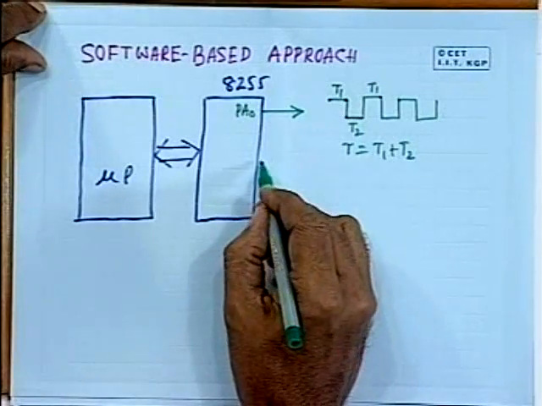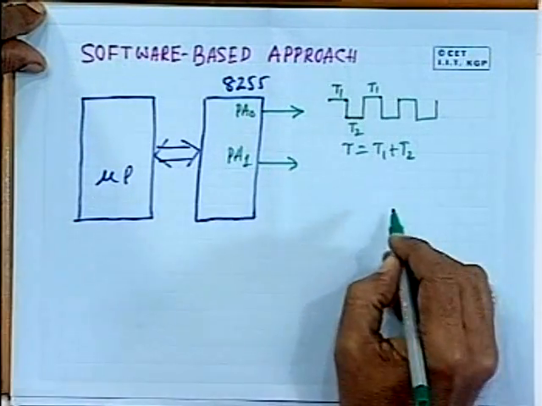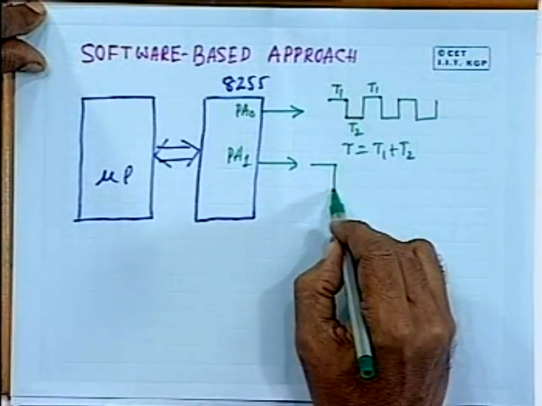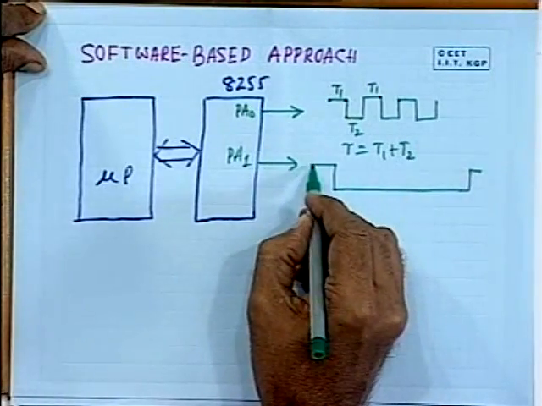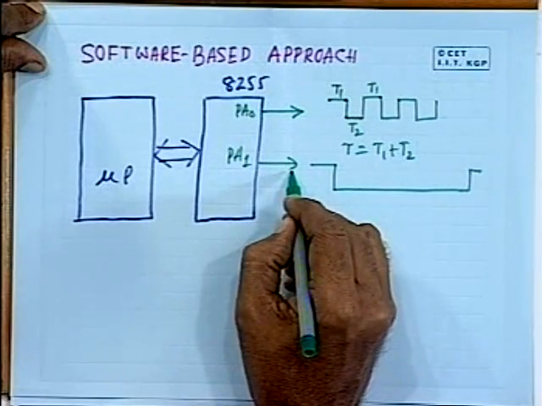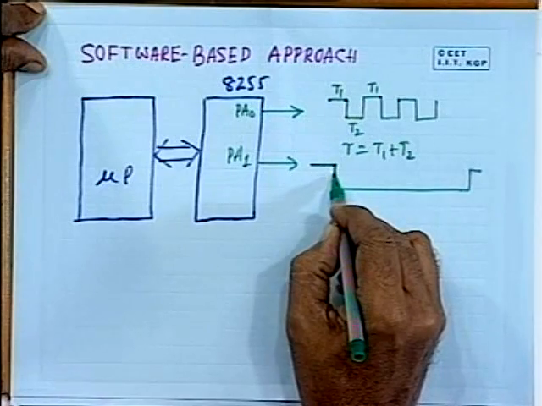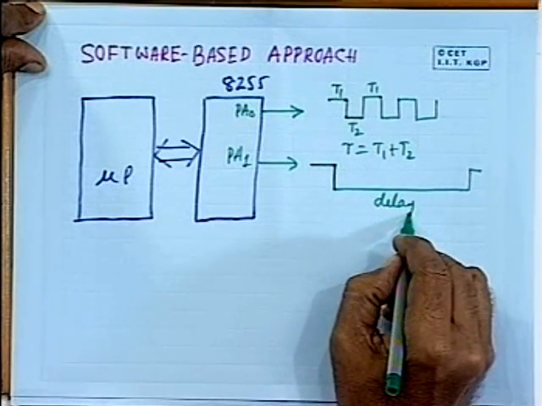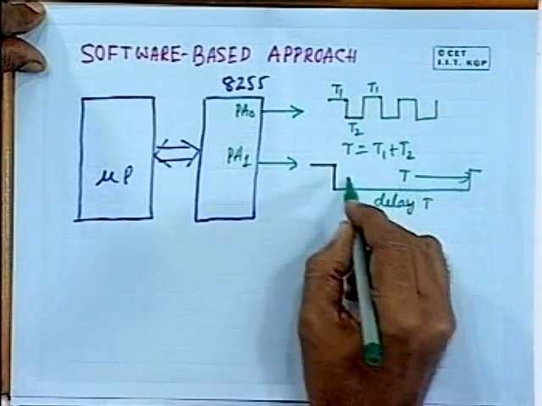In a similar manner, another port line can be used, say PA1, to generate a delay of duration T. So you configure port A, PA1, in the output direction, make this line high initially, then you make it low, then you generate a delay of duration T, and after T you make the port line high.